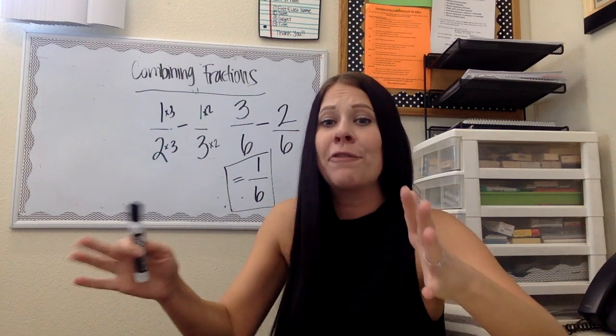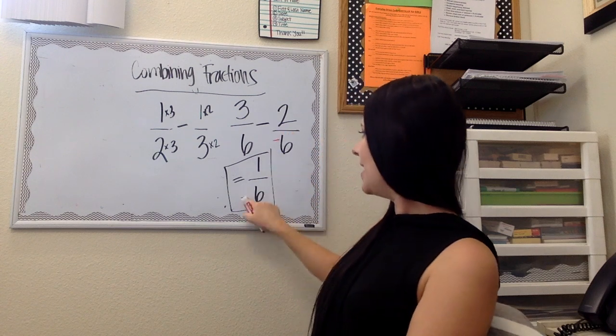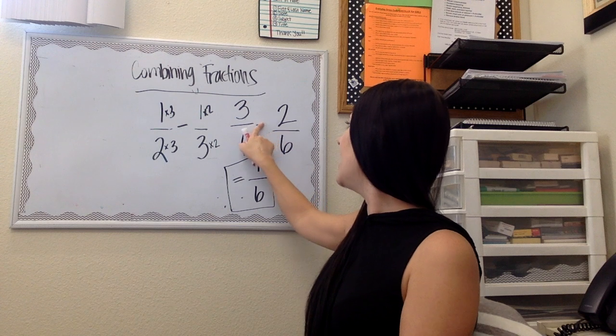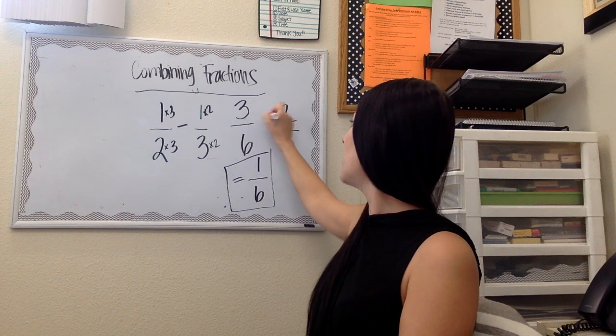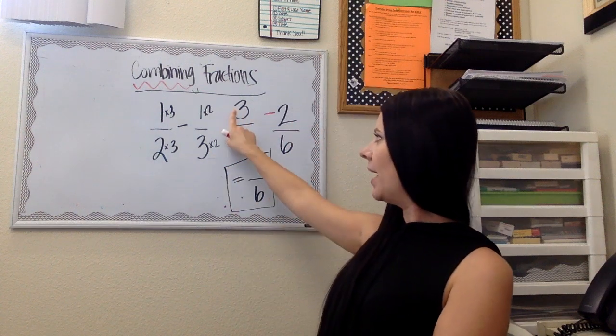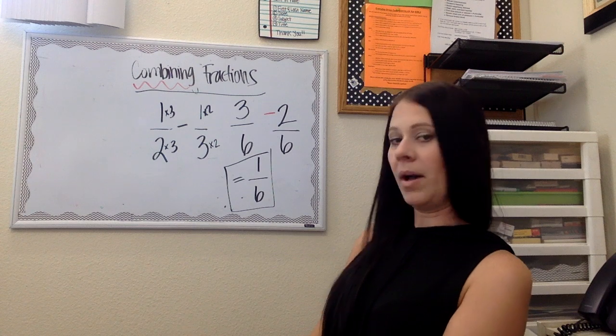This is like the perfect example. Because think about it. If my negative was here, that is going to be really confusing in this problem. But if I know my negative really kind of goes up here, then this word combining makes sense. I'm combining a positive 3 and a negative 2, and I get a positive 1.